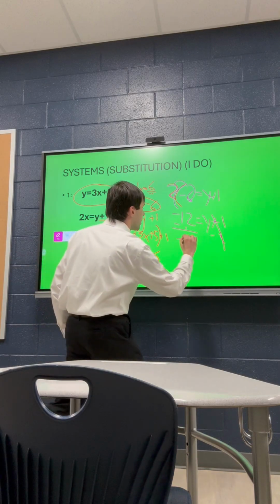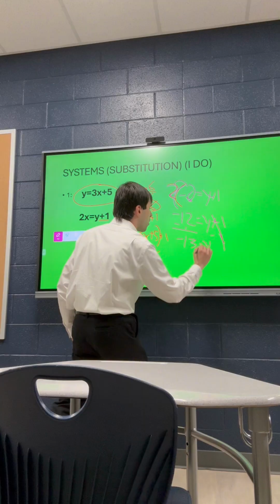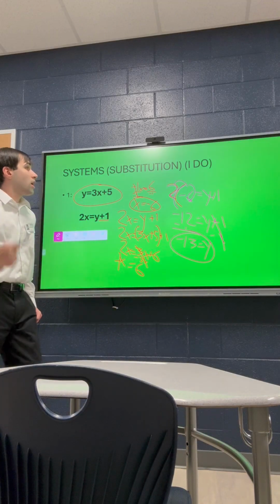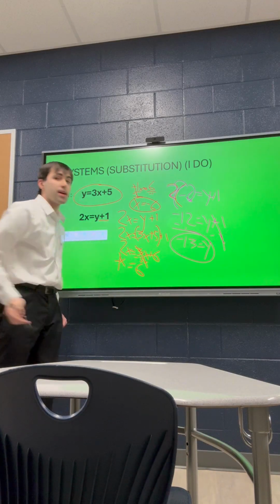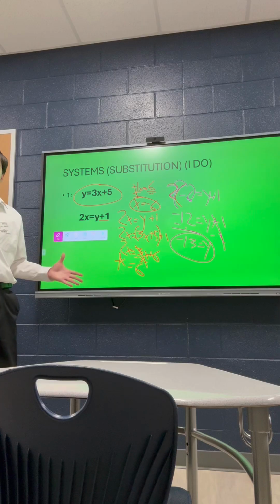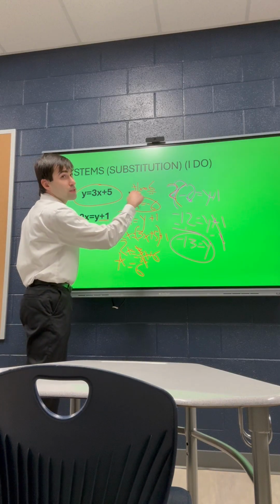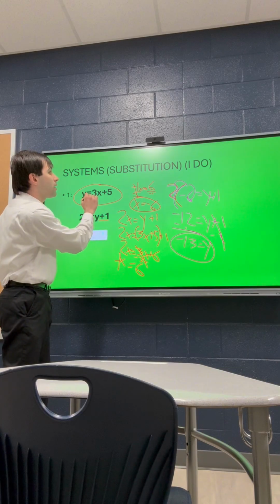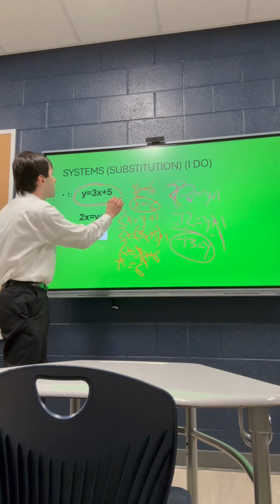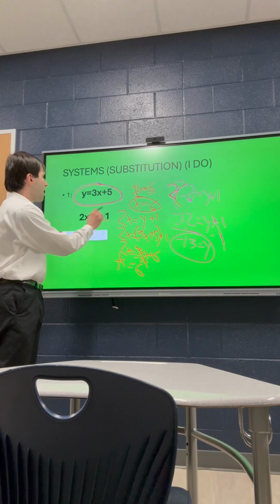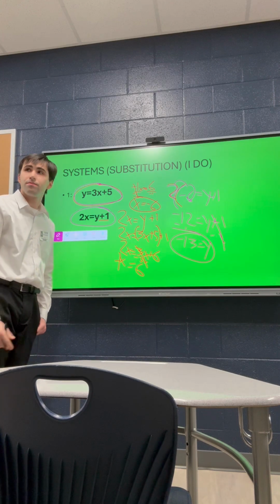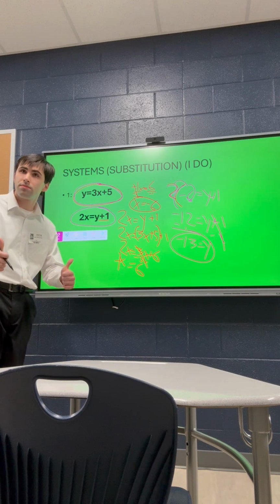Subtract by 1, you get negative 13 equals y. So our x is negative 6 and our y is negative 13. That's how you would do it. We have to substitute. You see how I solved for x first, and then I substituted it into this equation and this equation. Good?